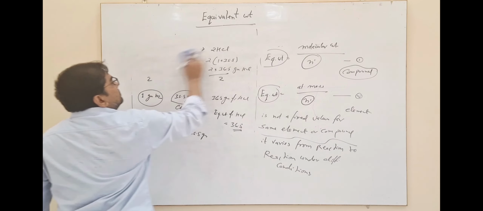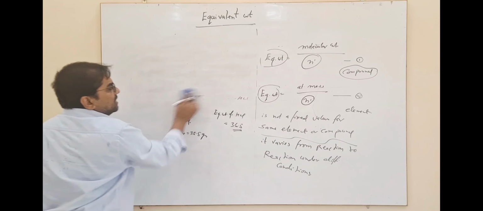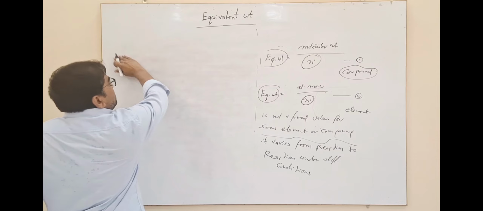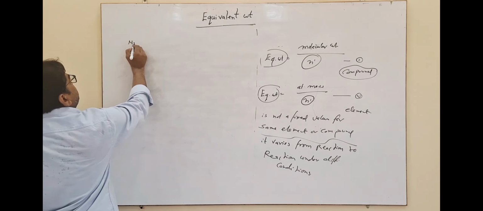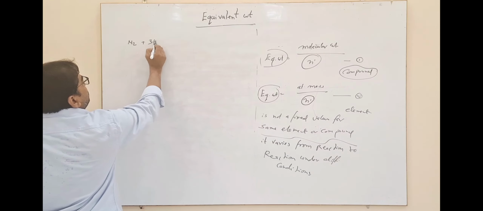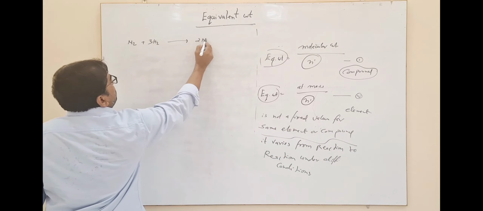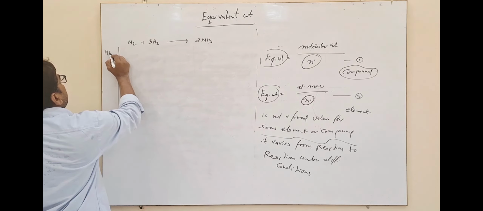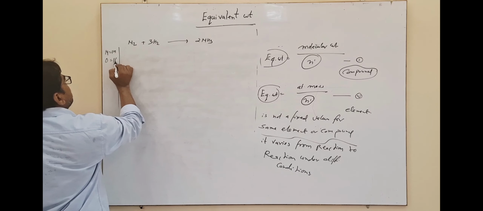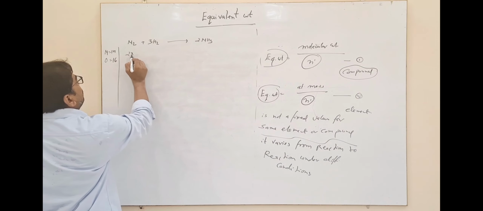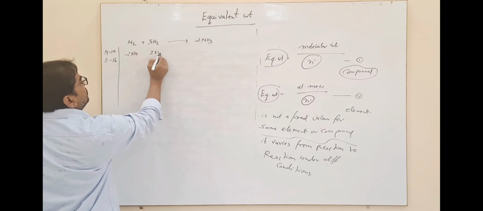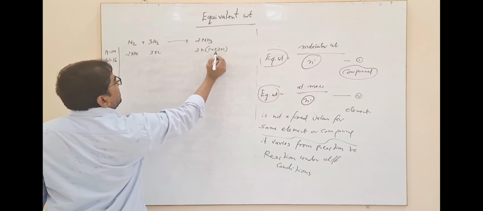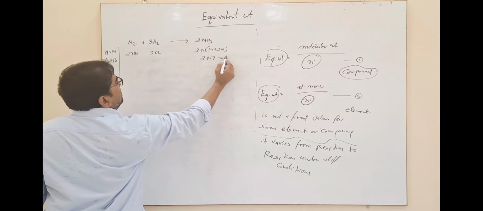Let's see another example. We have discussed already that equivalent weight is not a fixed value. Suppose nitrogen combines with hydrogen and gives ammonia. Since we know nitrogen atomic mass is 14 and hydrogen atomic mass is 1, putting these values here: 2 into 14, 3 into 2, and 2 into within bracket 14 plus 3 into 1, that is 17, 2 into 17, that is 34.